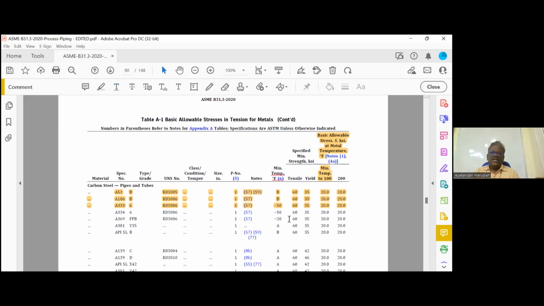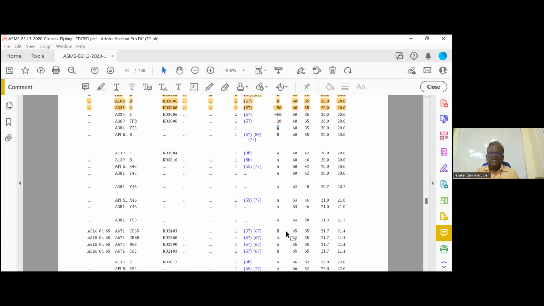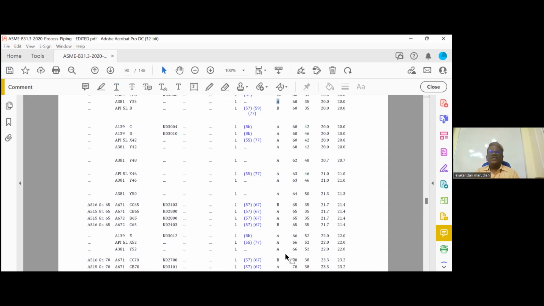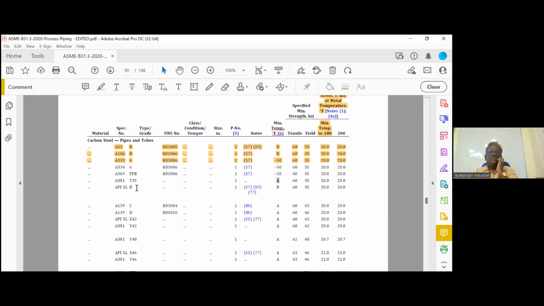Now you can see some materials here with curve A, curve B, and curve D also. Let us work with only these two materials: A106 grade B and A333 grade 6. For both materials I need a thickness.